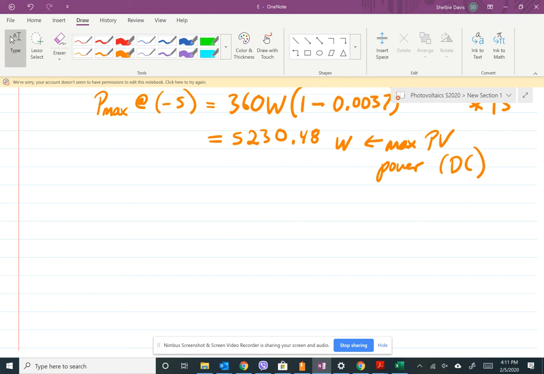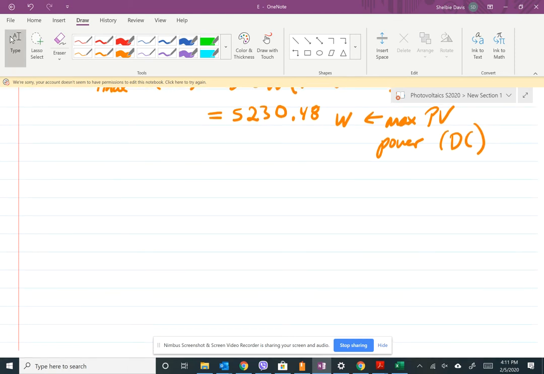So now we're doing this. For 12. Oh, but not for a different temperature.